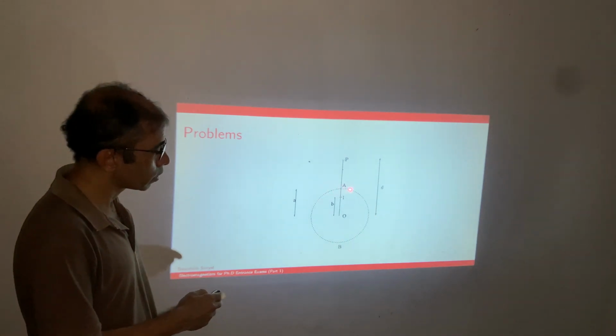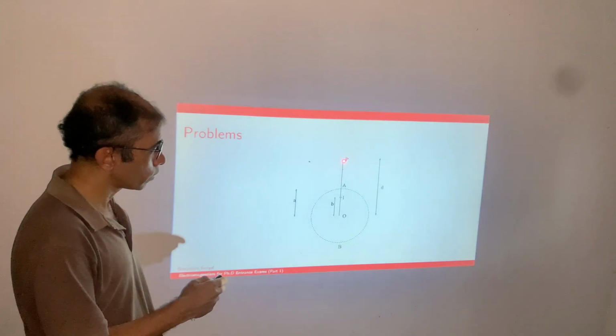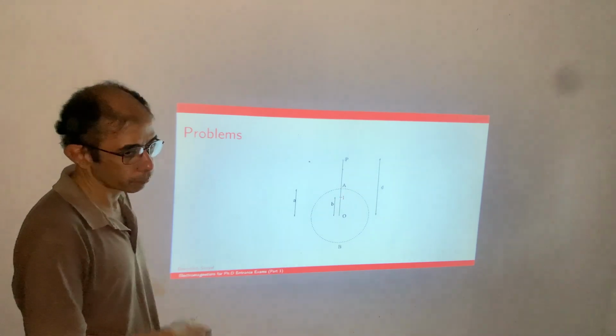That is, the potential at any point on this surface is 0 because of this charge and this charge.